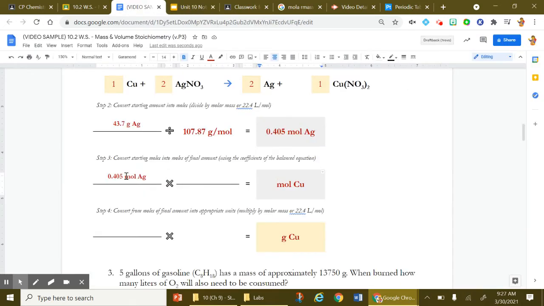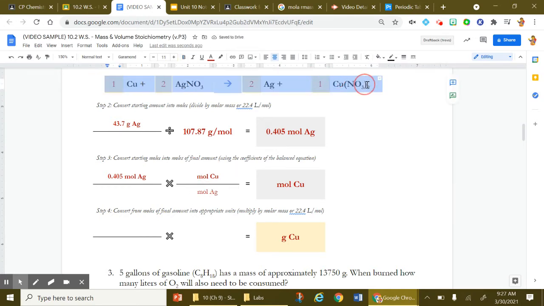So we want to get out of moles of silver, so moles of silver goes on the bottom. We want to get into moles of copper, so moles of copper goes on top. Now, we got to put these numbers in here from the balanced equation.